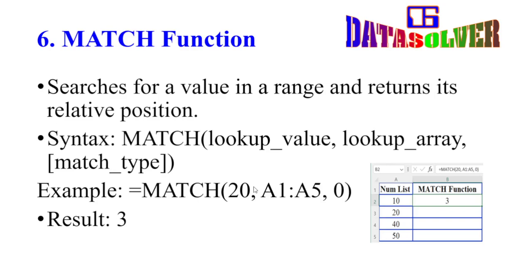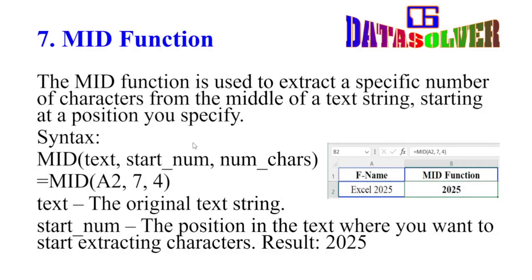In this case, MATCH 20, comma, A1 to A5. So our A1 is numerals and our A5 is 50, but the value we are looking for is 20. If you count 1, 2, 3, the position of 20 is 3. So that is our MATCH. Our next function is the MID function.